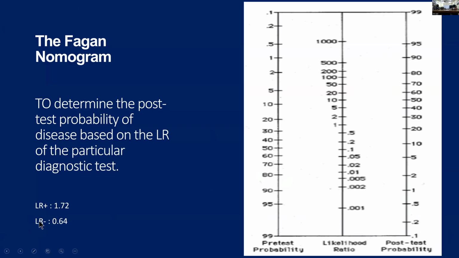But we are interested in the negative likelihood ratio, 0.64. Around 80%, this would be around 0.6, so the probability is still maybe 70 and doesn't really bring it down. So for the first patient, because of a high pre-test probability, you would definitely proceed and not do the confirmatory test.